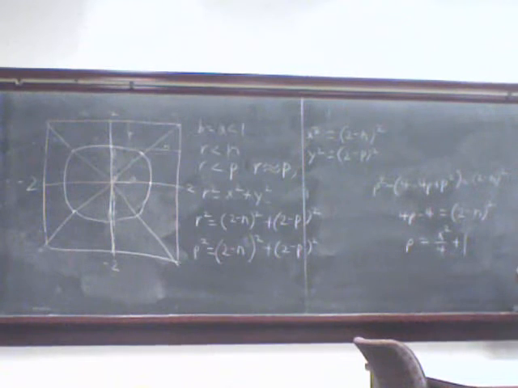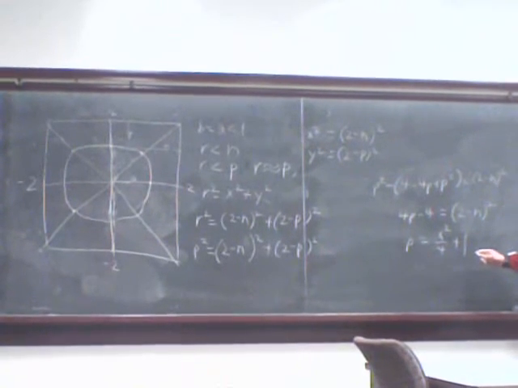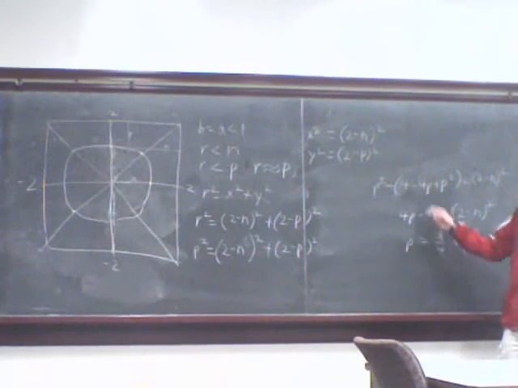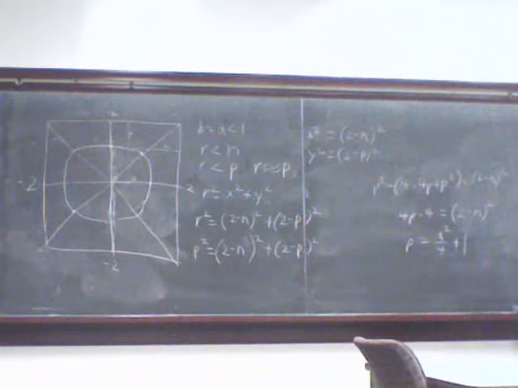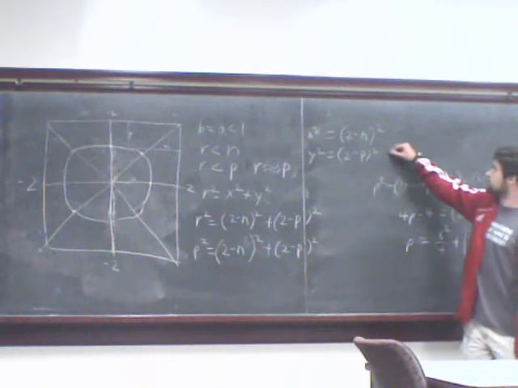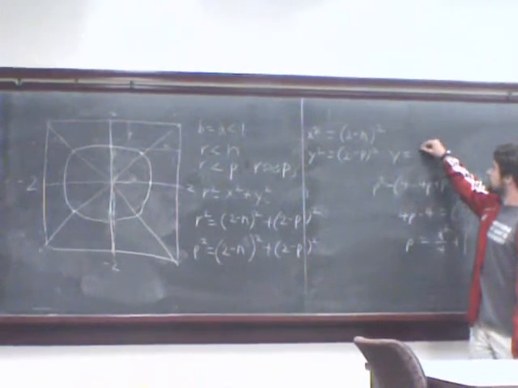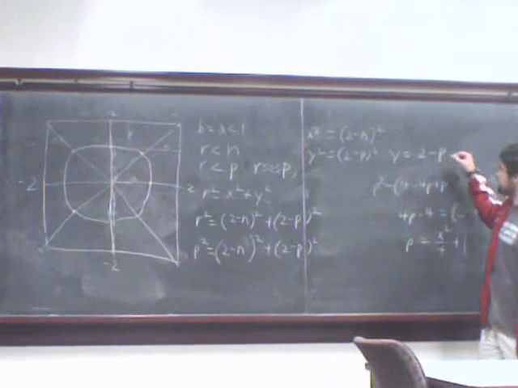plus 1. Where did the 2 minus n go? It's the same as x squared. Okay. So you know your p value, and so from this you can actually find your y value, because I can rewrite this y equals 2 minus p, right?